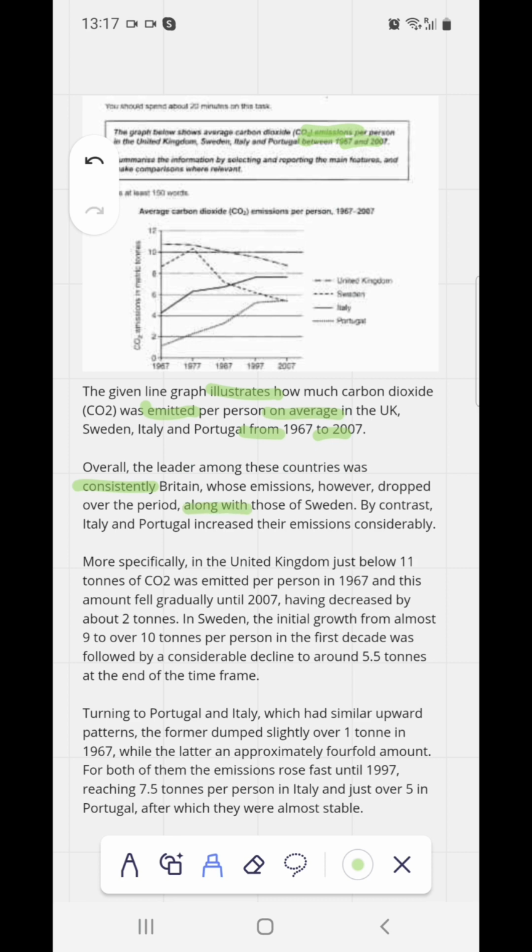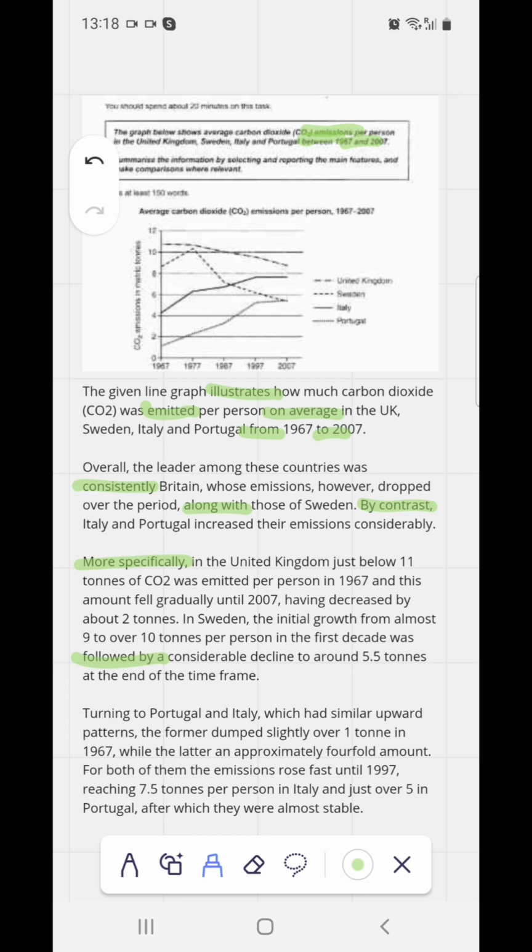Along with, maybe helpful, it's like together with. So next we have by contrast. And more specifically is a good way to start your body paragraphs. Followed by is a good one.